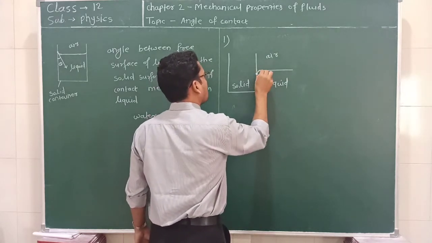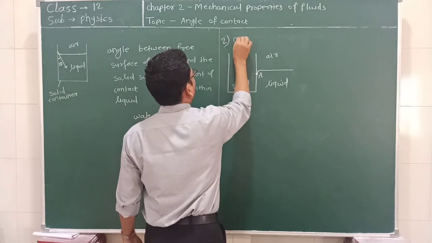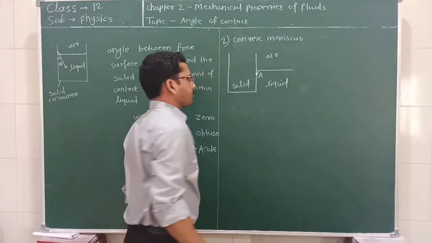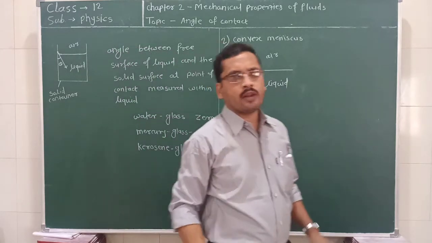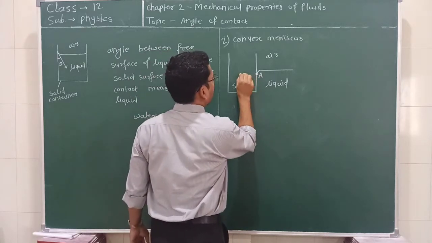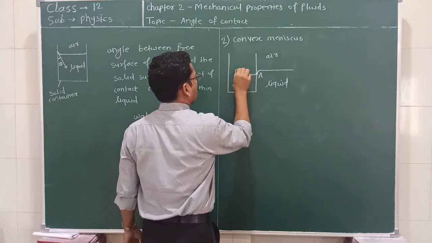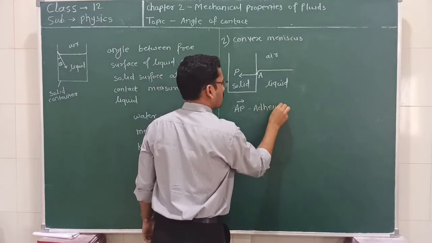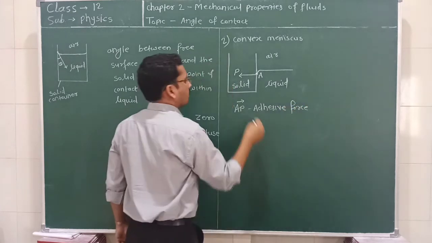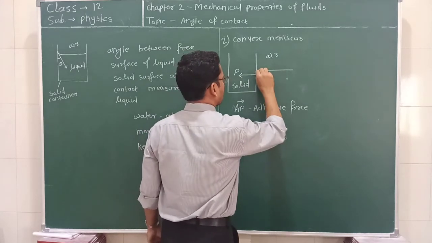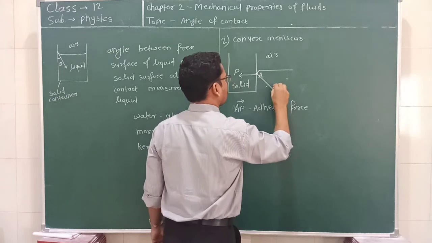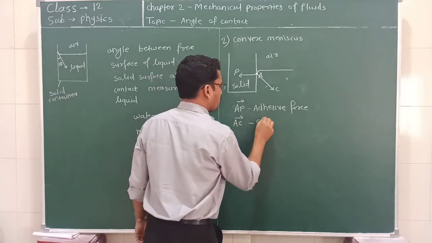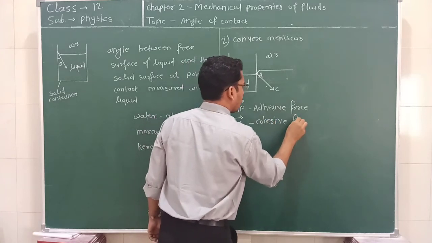Now consider again a molecule, and the forces acting on this molecule are an adhesive force, which we can write as AP, and a cohesive force, which we can write as vector AC, which shows the cohesive force acting on molecule A.